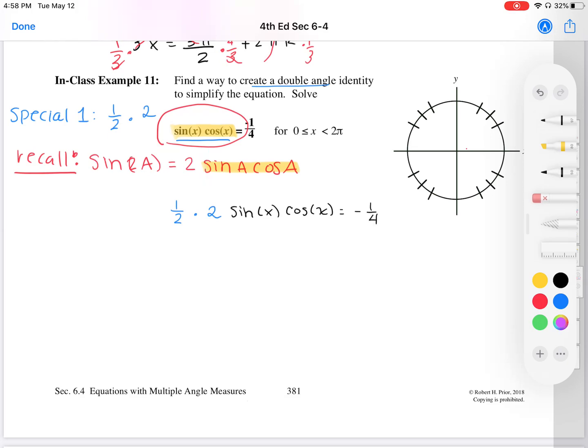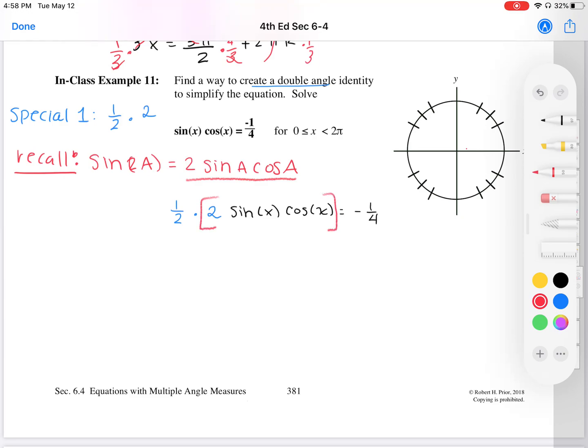Now we're going to focus only on a very special part of our equation. We want 2 sine of a cosine of a, so I want 2 sine of x cosine of x.